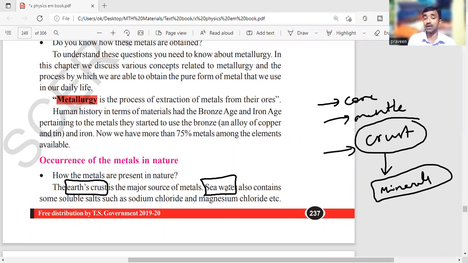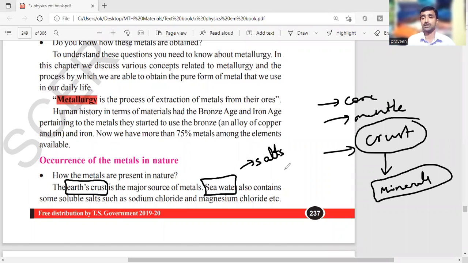It has many metals in the form of salts. Simply, the soluble salts available in the seawater are sodium chloride, magnesium chloride, aluminum chloride, copper chloride, calcium chloride.